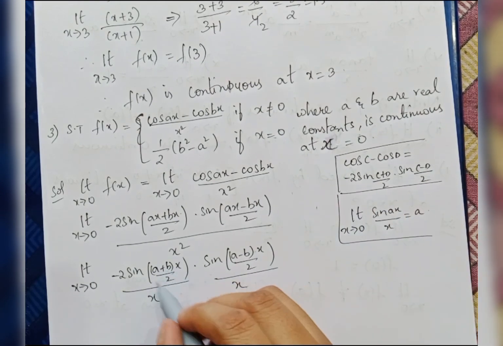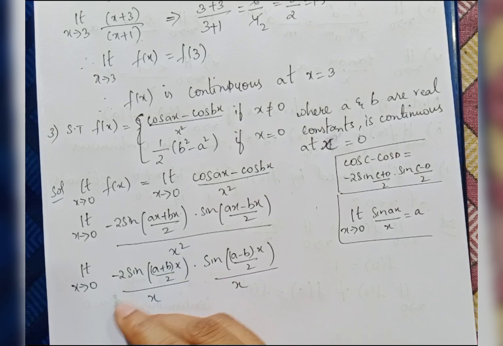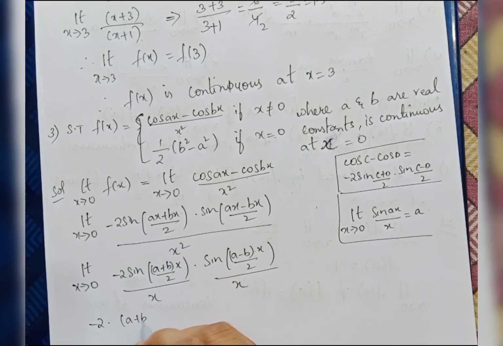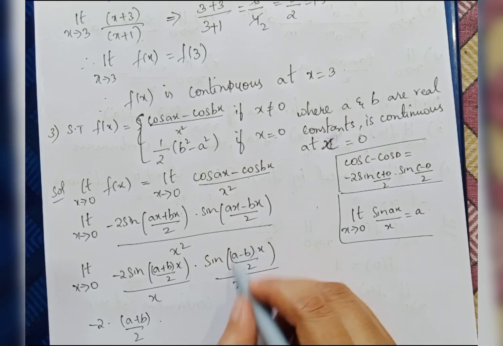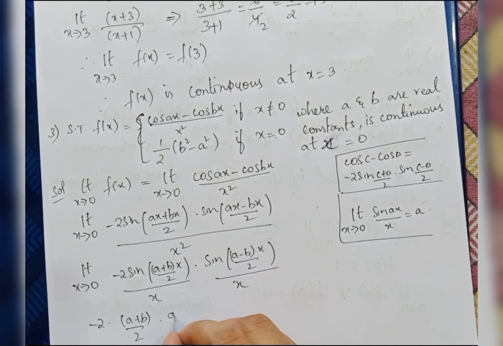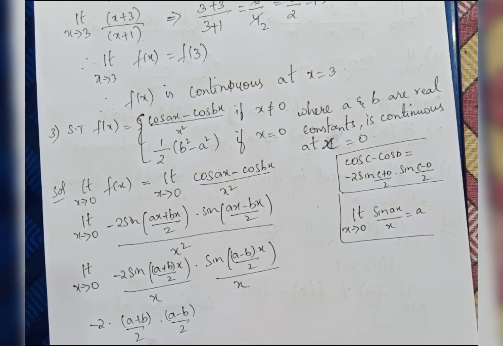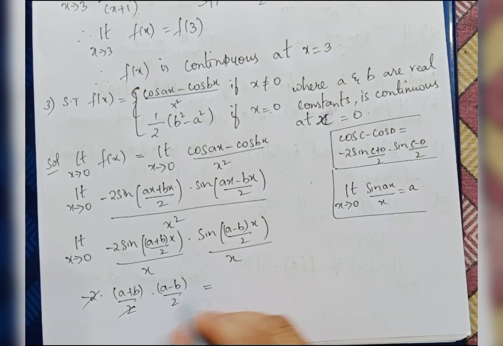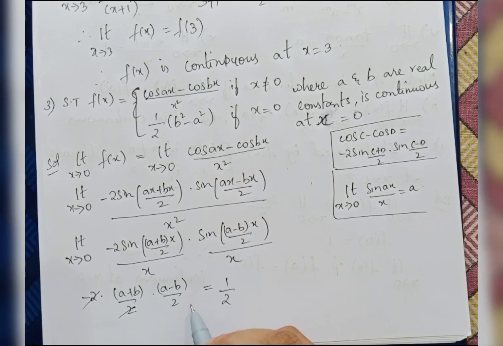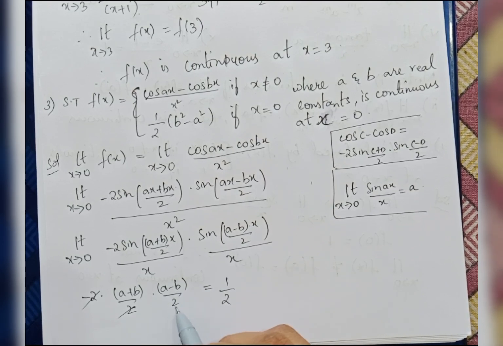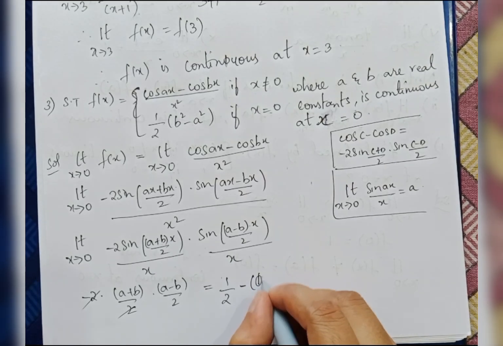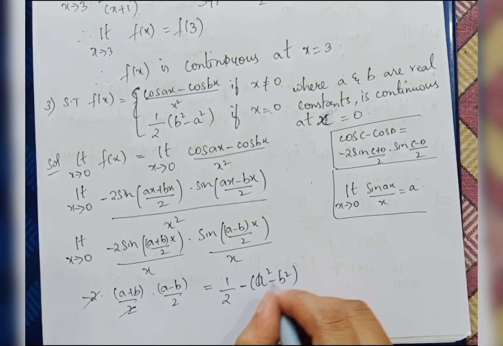So here the a is this factor and here minus 2 is left, so we'll get minus 2 into, this is our a, so a plus b by 2, into the same here also, this is also our a, so it is a minus b by 2. Here 2 and 2 get cancelled, so we'll be remaining with a plus b into a minus b, which is a square minus b square, and we'll have this 2, so it is 1 by 2 into negative of a square minus b square.